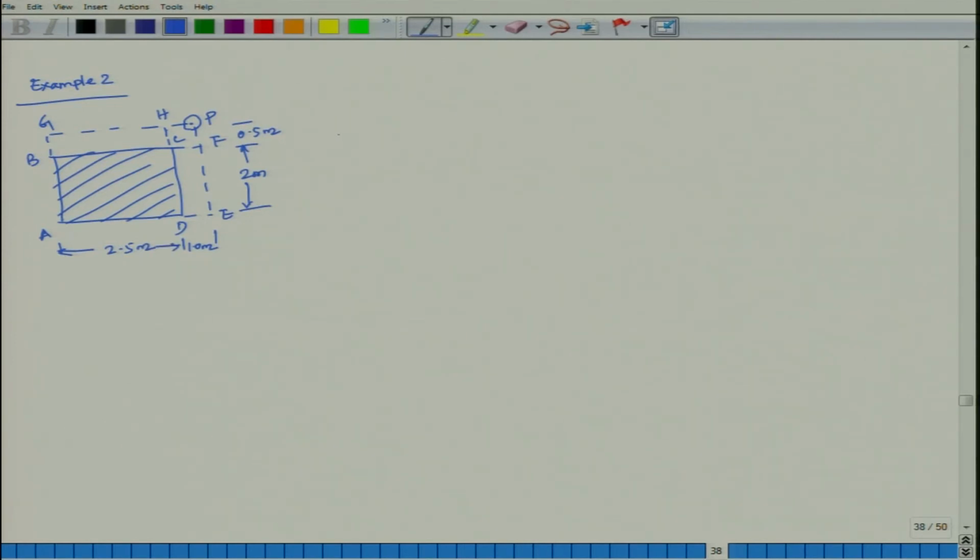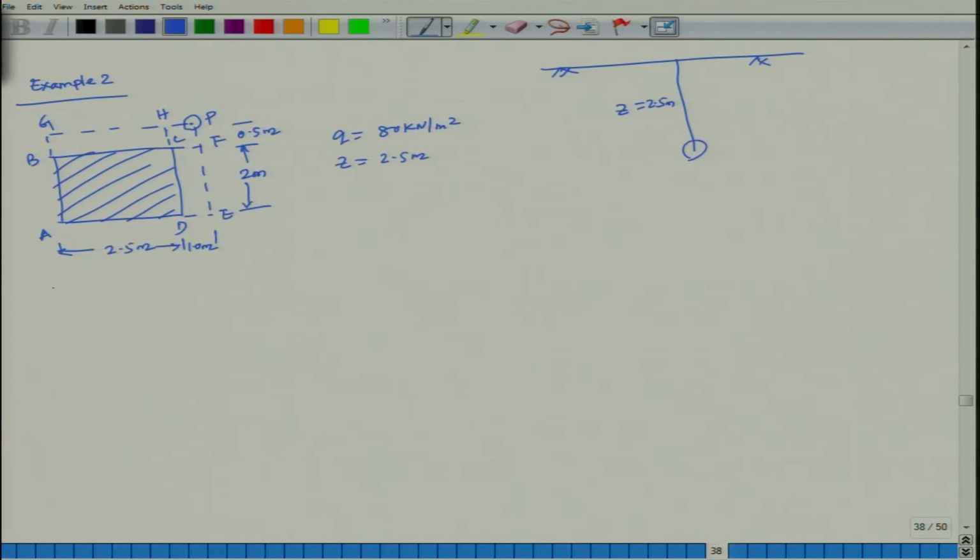And load intensity Q is given as 80 kilonewton per meter square, and Z is given as 2.5 meter. What is the Z? If this is my ground surface, it has been asked at a distance Z is equal to 2.5 meter below, find the increase in stress.